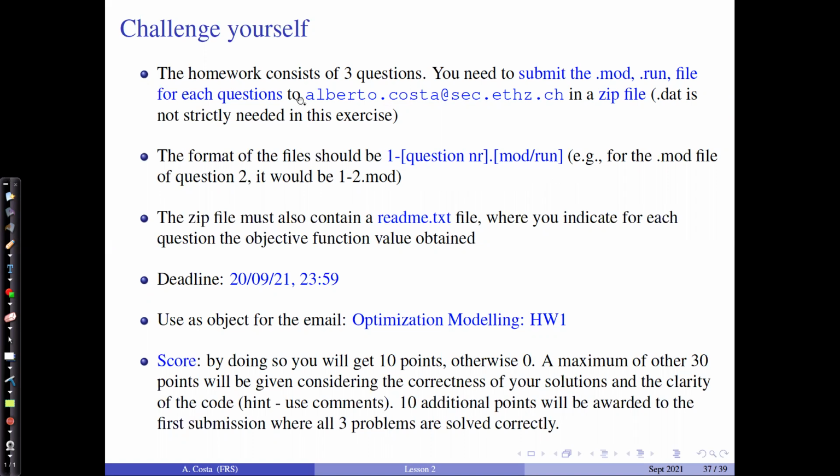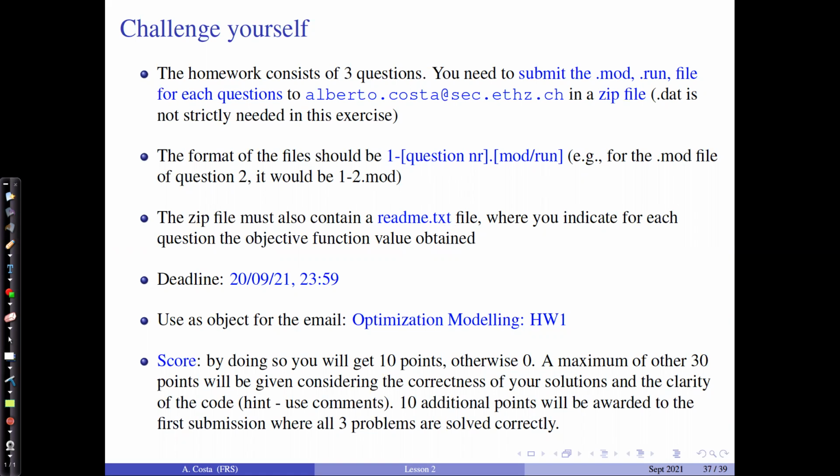For example, for question 2, the mod file will be 1-2.mod. Inside the zip file, you also put a readme.txt with the objective function value that you obtained for the 3 questions. So to summarize, a mod and run file for each of the 3 questions, together with this readme.txt, where you describe the result you got.